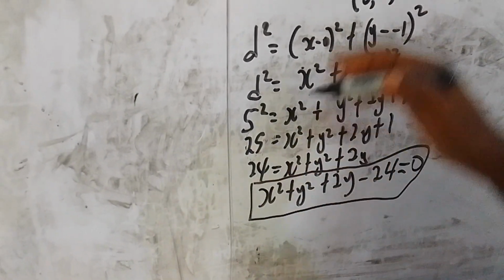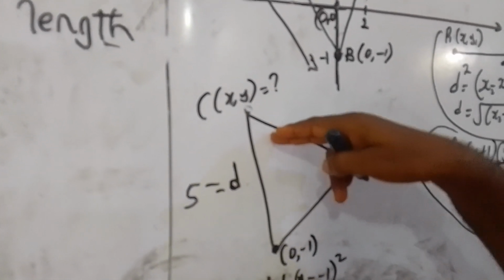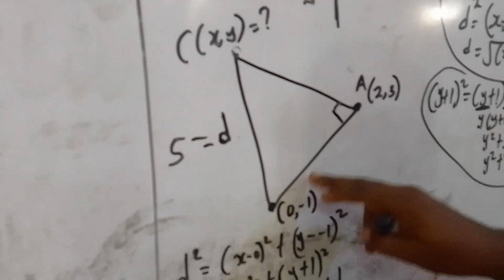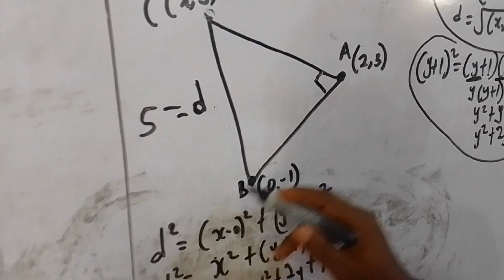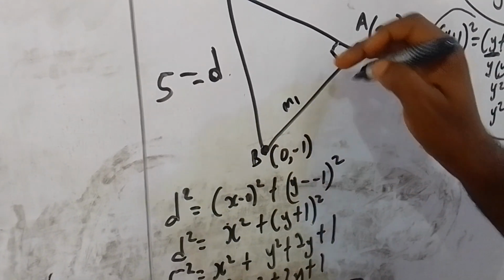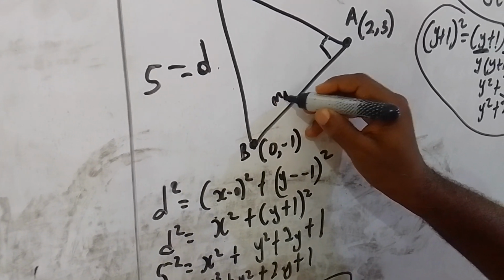So what am I going to do to get the value for my x and y? What I'm going to do is that I'll go back to this triangle and look for another relationship involving x and y. One thing I want us to realize is this. For this line AB, let's call the gradient there M1, let me call it M_AB.